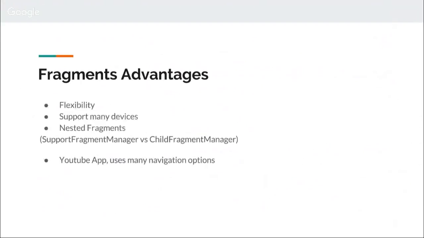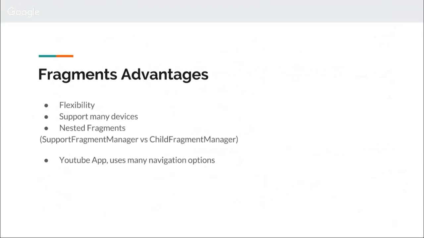Another advantage is that we can support different devices, like tablets and phones. We can change how the fragments are displayed when there's certain configuration or certain screen sizes. Maybe even the density of the screen, not the size. We can actually nest fragments one inside the other.